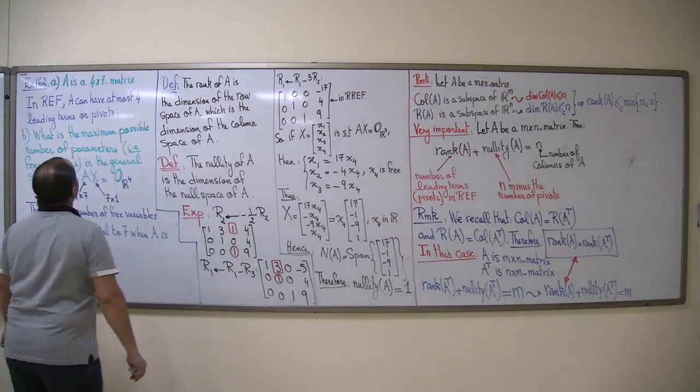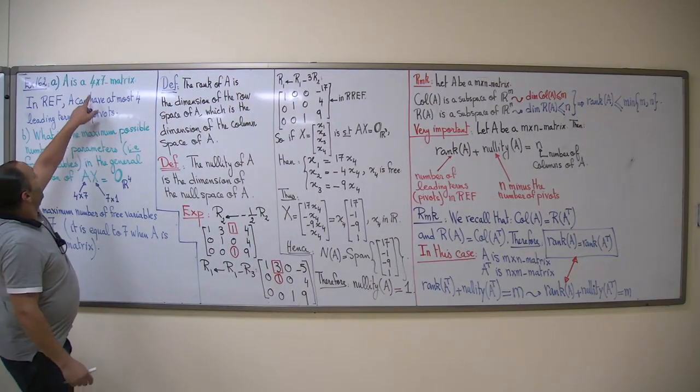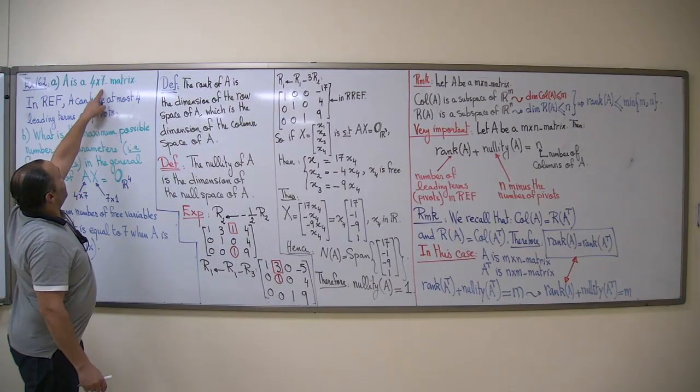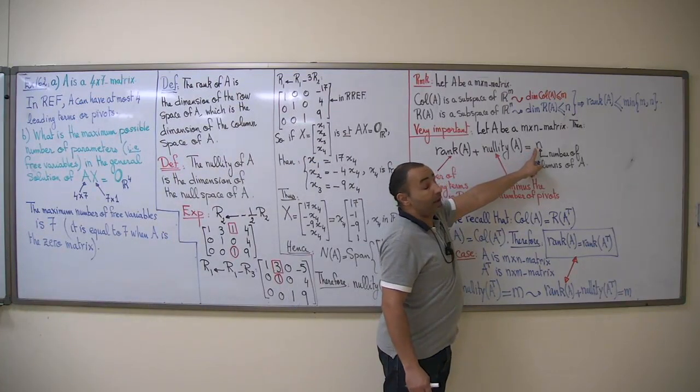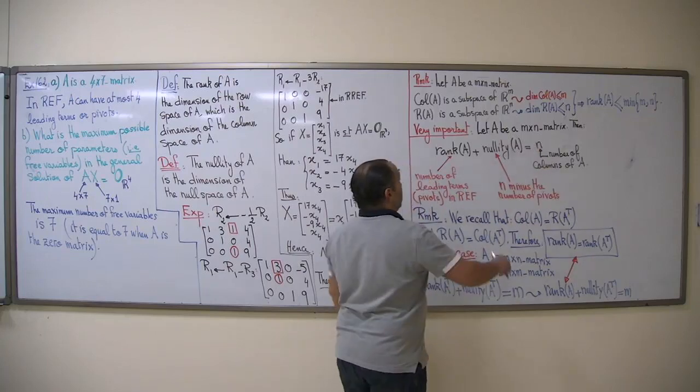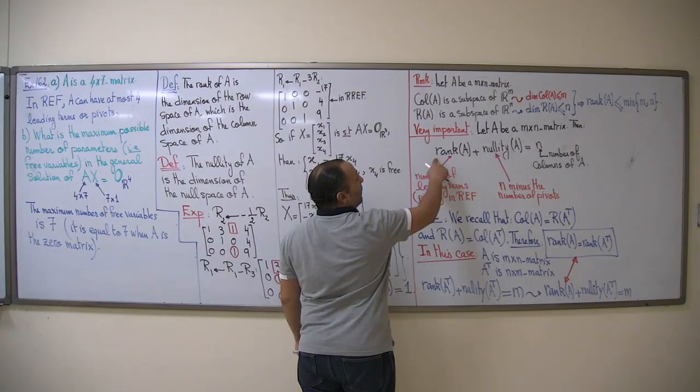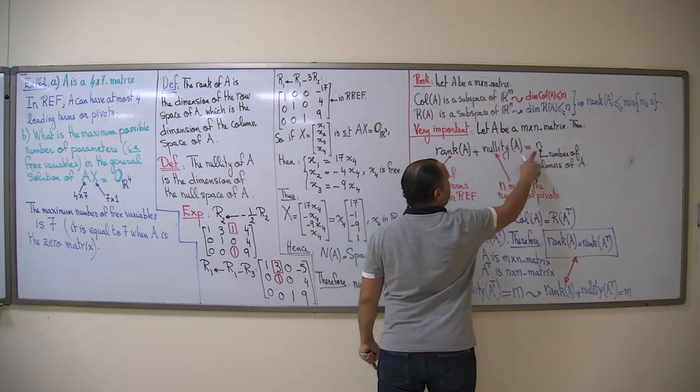So what did we say here? We said a 4 by 7 matrix, so n is 7, and rank of A plus nullity of A is 7.